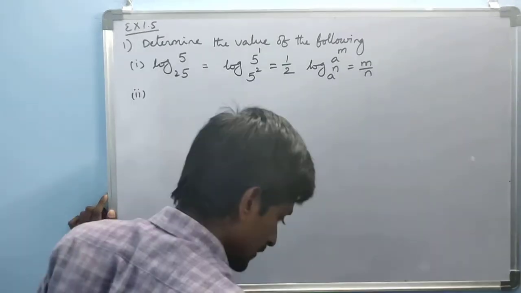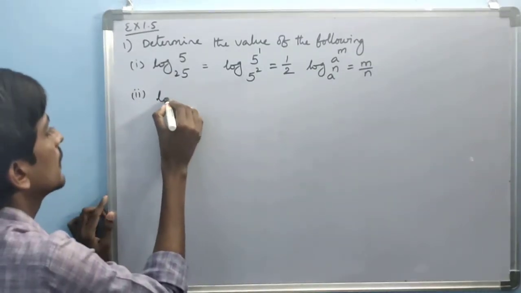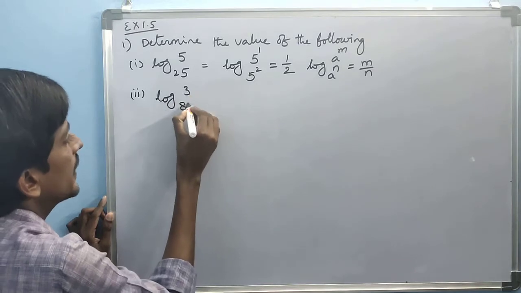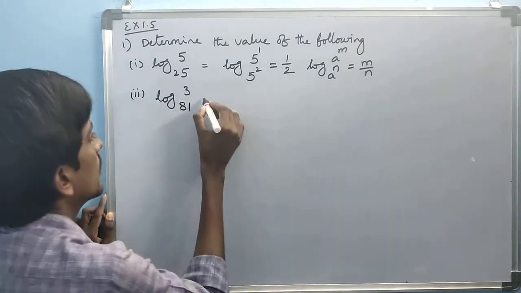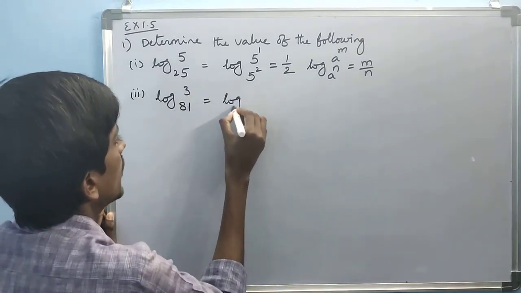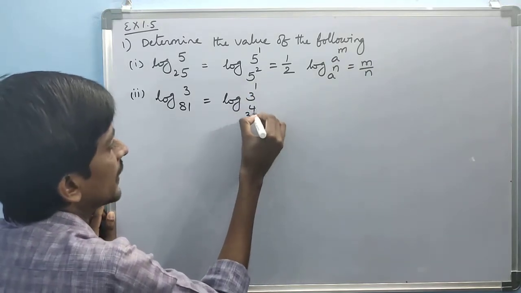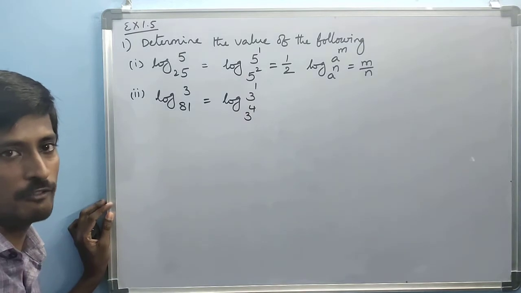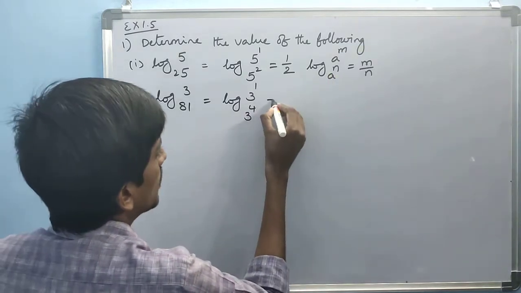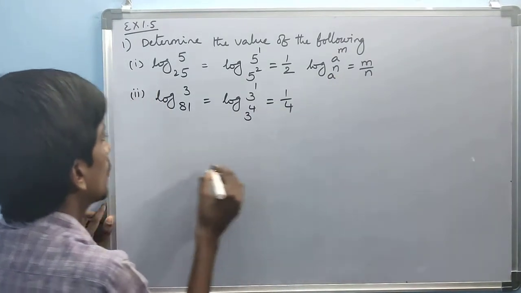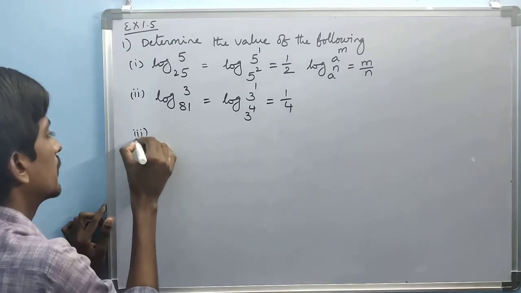Second one. Log 3 base 81, which is also log 3 to the power of 1 base 81. 81 can be written as 3 to the power of 4. So, the same formula, 1 by 4. Third one. What is the third one?